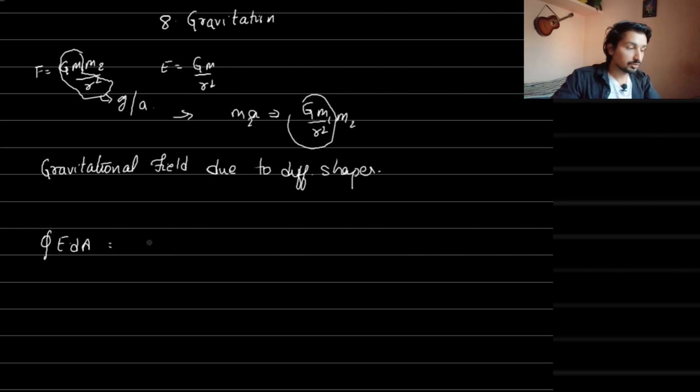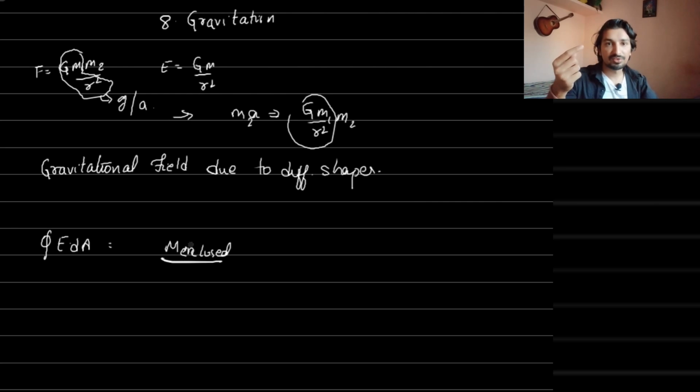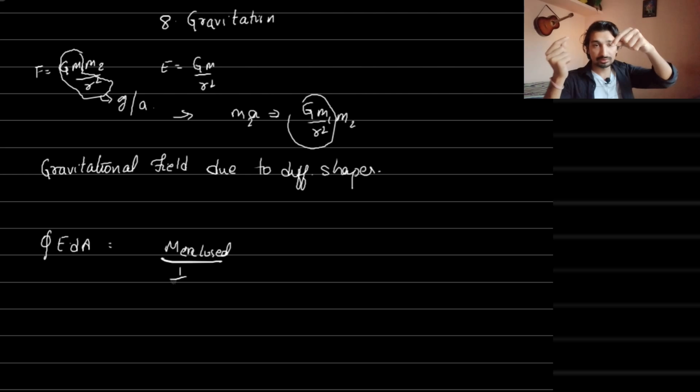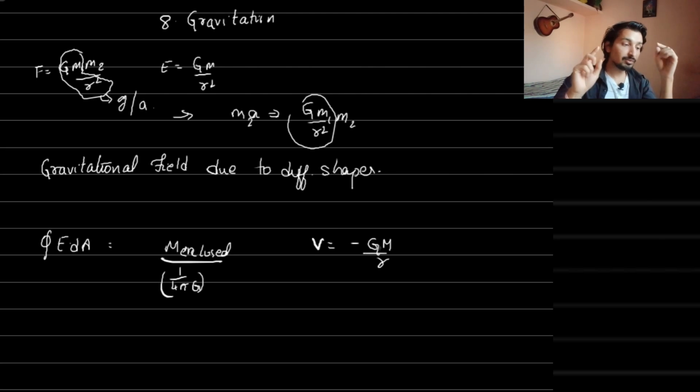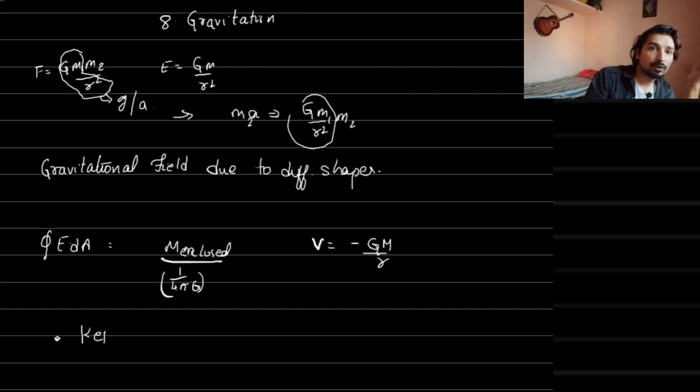And Kepler's laws, so you also have Kepler's laws. The first law tells you that objects which are revolving do so in elliptical orbits. So whenever planets are revolving around the sun, for example, they do it in elliptical orbits. And the second law of Kepler tells you that the radius vector, you know, right? The radius vector sweeps equal areas in equal intervals of time.